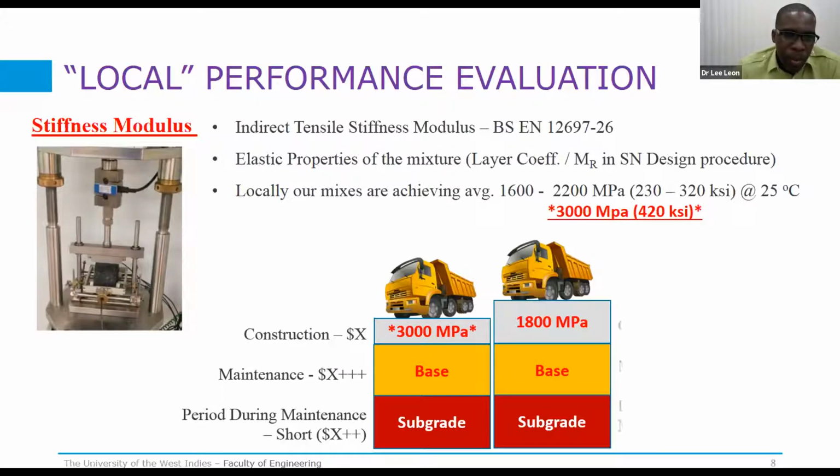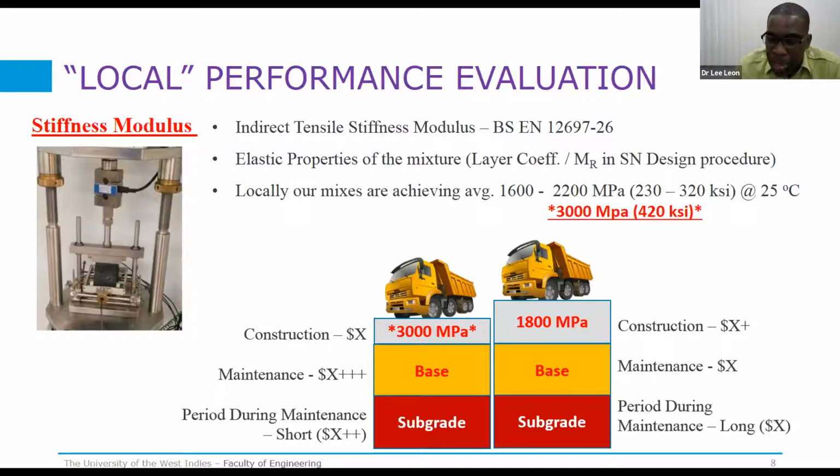However, we have to balance the cost as well as the life of the pavement to know what should be the right thing to do in terms of the selection of the pavement structure. So the construction cost of what is adopted is much lower than the construction cost of a pavement design that is based on the actual properties of the material.